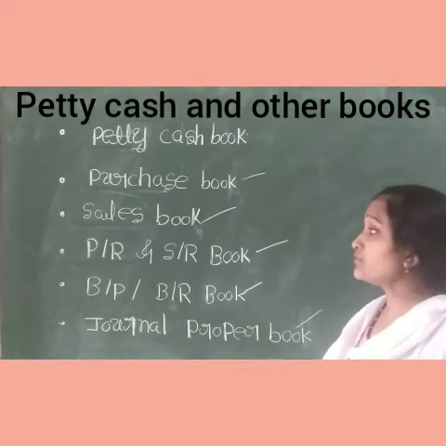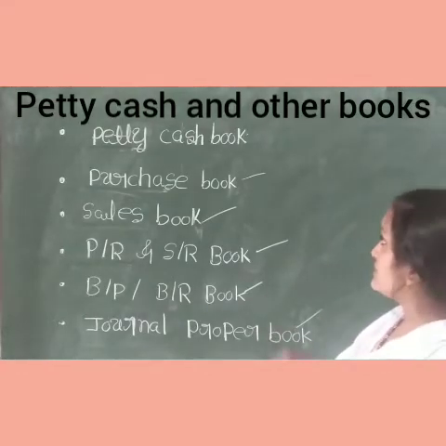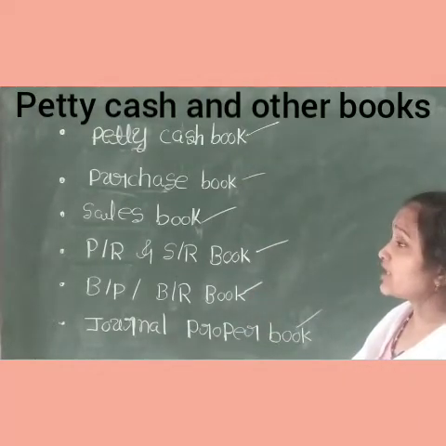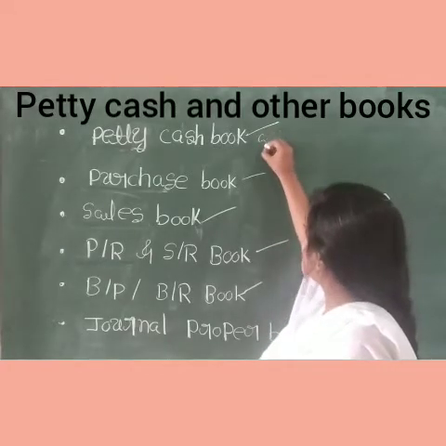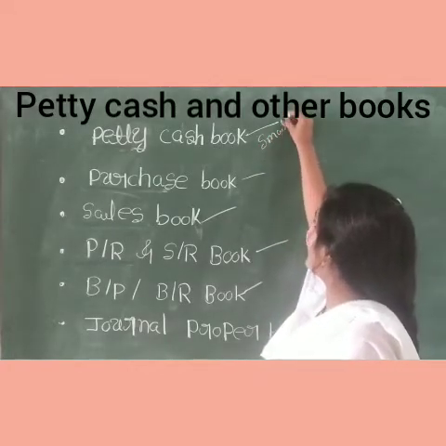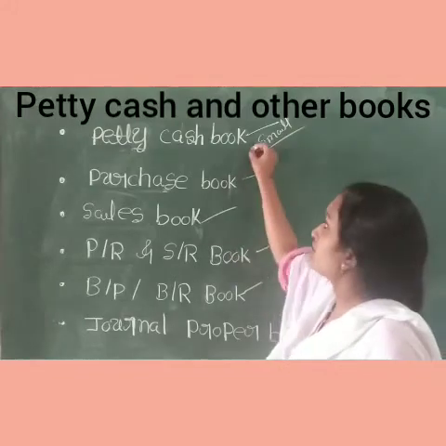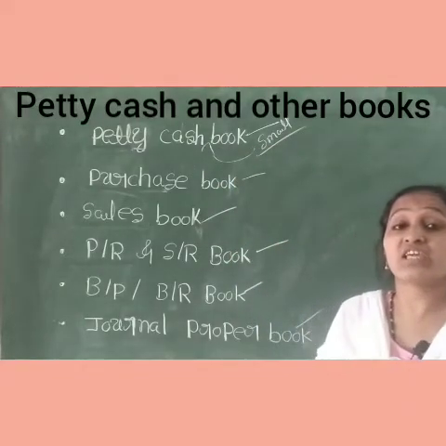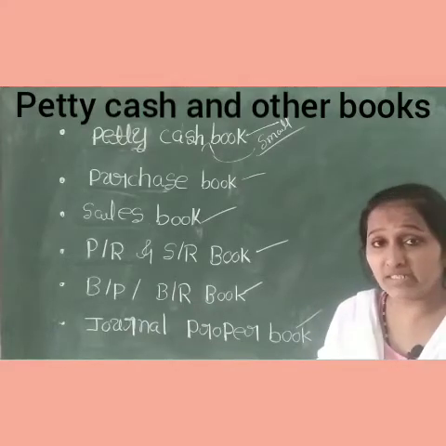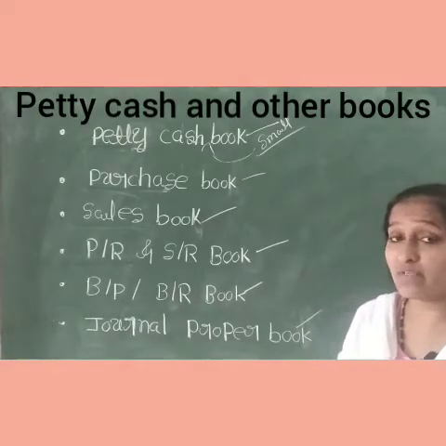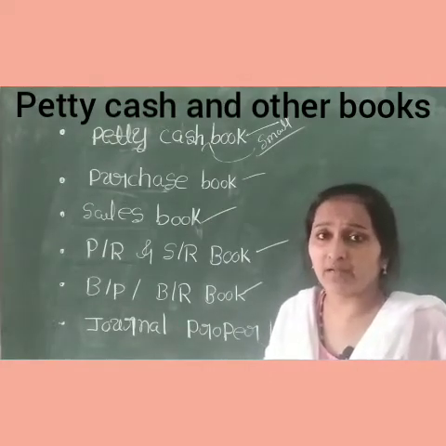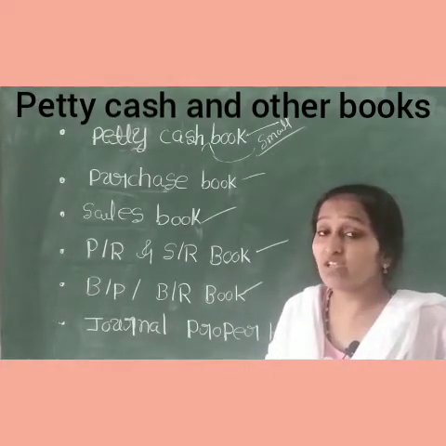Before we go further, let's discuss petty cash, which is an important part of the cash book. The petty cash book is where we enter small expenses which cannot be entered in the cash books. Small expenses, as I gave examples in the previous class: register, pen, pencil, eraser, whatever office equipment we buy.